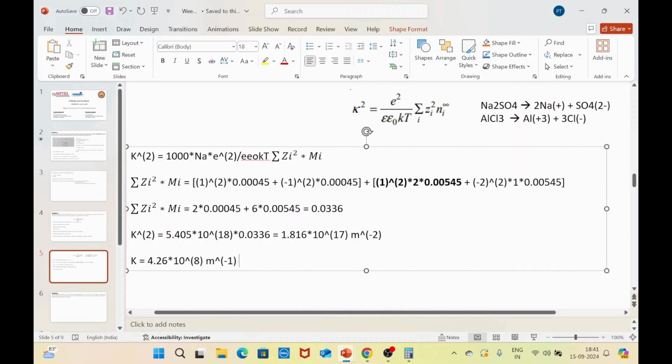So if this is kappa, then kappa inverse, or your Debye length, which is what is asked in our question, is nothing but 1 by this value. So what is the value?